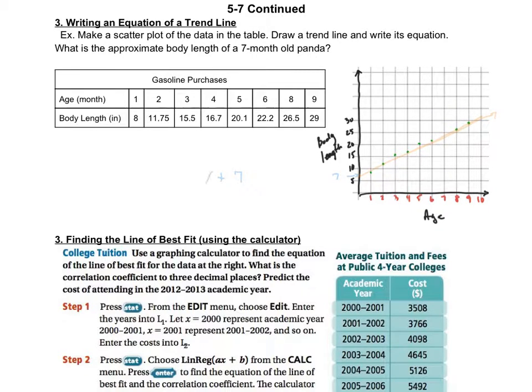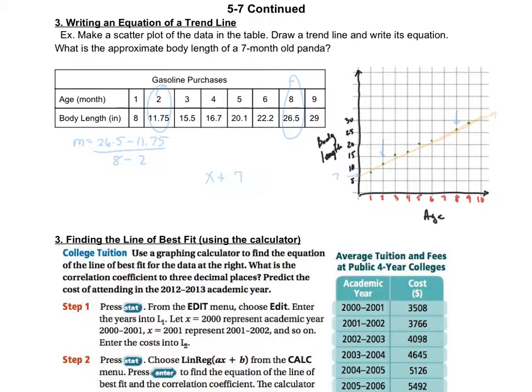And then I'm going to have a slope here that is going to determine, and I could pick 2 points. You know, I could pick that point right there, and I could pick this point right here. Those are about splitting my information. So if I took that point and this point, and I did my slope-intercept form, I would have my slope is equal to 26.5 minus 11.75 over 8 minus 2.